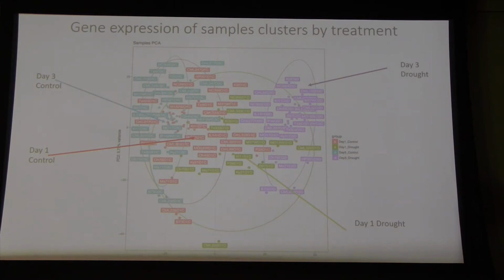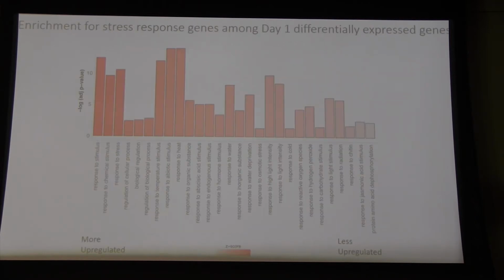What you can see is that on day 3, there's a cluster all the way over on this side of the graph, whereas the controls are on the opposite side, and the day 1 samples' expression is somewhere in between. So basically, the gene expression of my samples is clustering by treatment. That leads me to believe that the treatment is having a major effect on that gene expression.